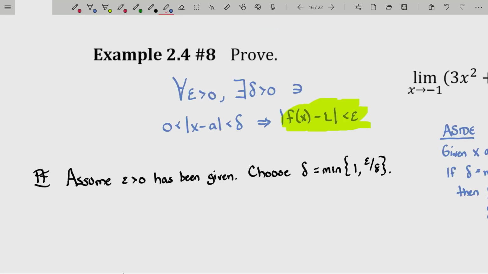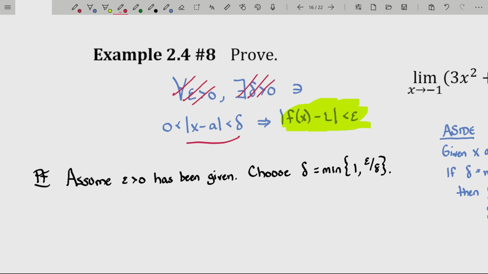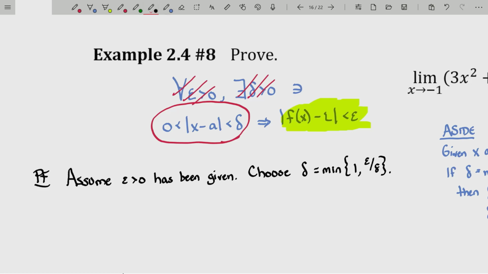Now we have to do something with that statement. Well, you happen to know two things are true. First of all, and actually before you even get to the things that are true, if you just check off what you did here, we already said for any given epsilon, we've already stated what our choice of delta is going to be. So let's go ahead and just make this blanket statement here. So we'll go ahead and say, if 0 is less than the absolute value of x plus 1, because that's x minus a negative 1, right?